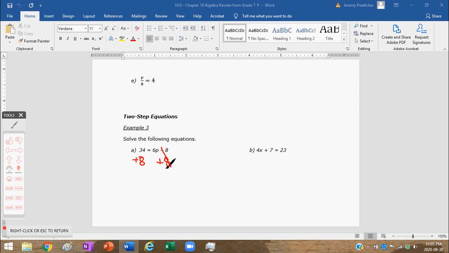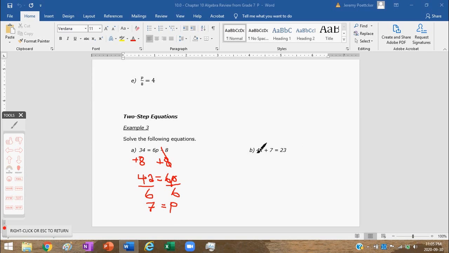So the minus 8 and the plus 8 cancel each other out, which is what I wanted. 34 plus 8 is 42, is equal to 6p. Now I've got 6 times p is equal to 42. Okay. Opposite of multiplying is dividing, so I'm going to divide both sides by 6. And I'm left with 42 divided by 6 is 7 equals p.